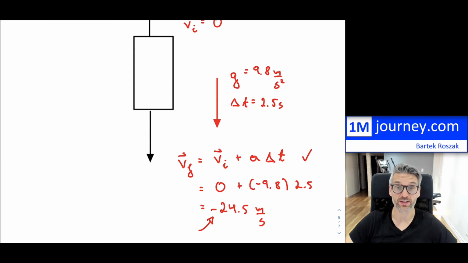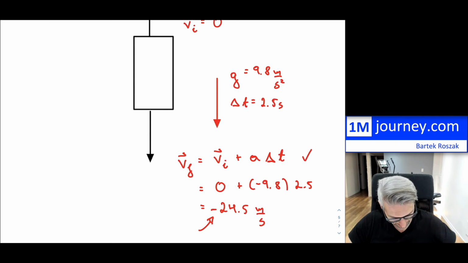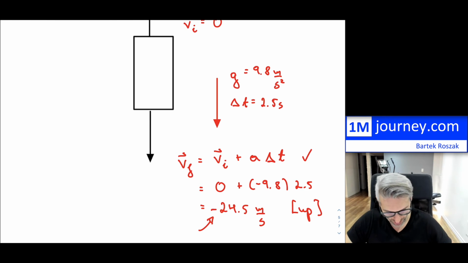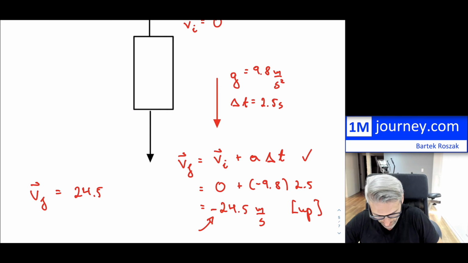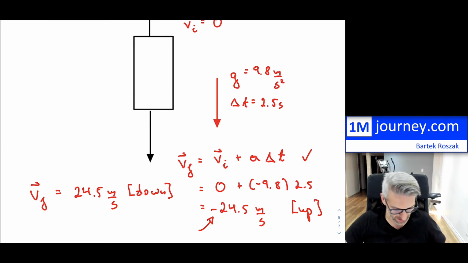So whatever convention you choose, you can do that. And this would have been with respect to up being positive. You can also say V final is 24.5 meters per second and put it down, and that's the same thing.